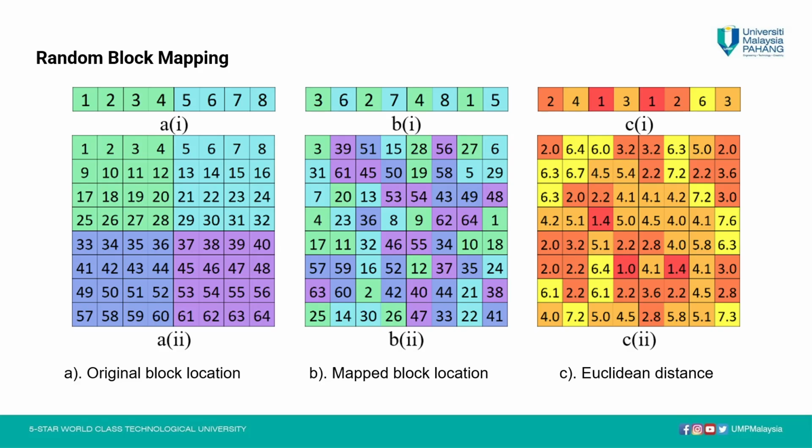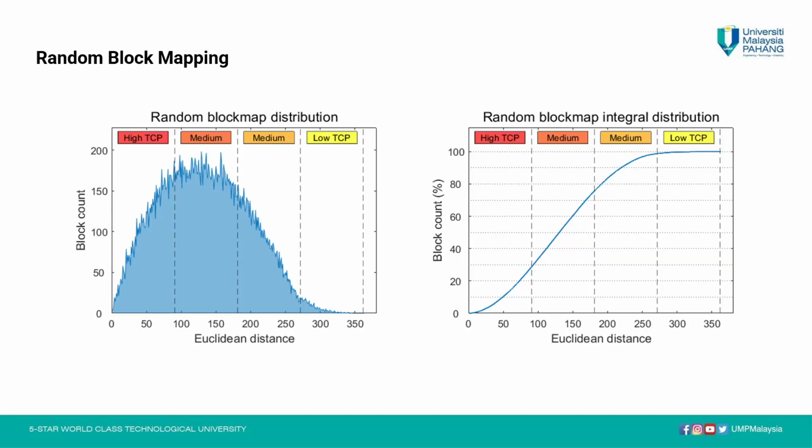And then we can count how far the original block and its recovery data are, like this one is 2, this one is 6.4, and so on. So we can compute how far the recovery data is located, and then we can plot here. When using a random block mapping, we can clearly see that most of the data is in the high TCP zone.